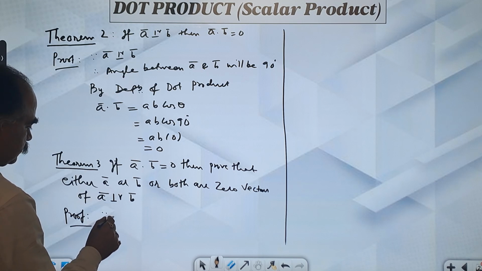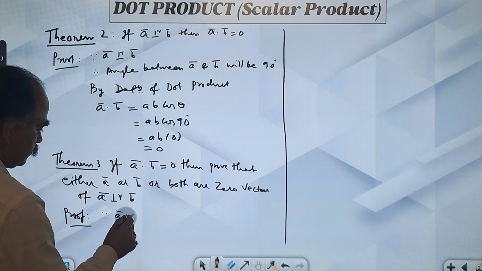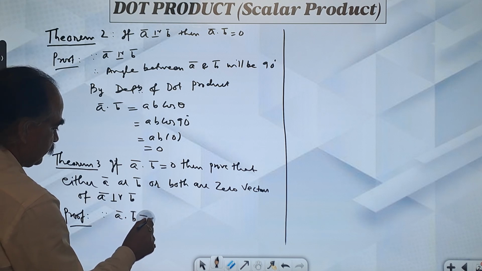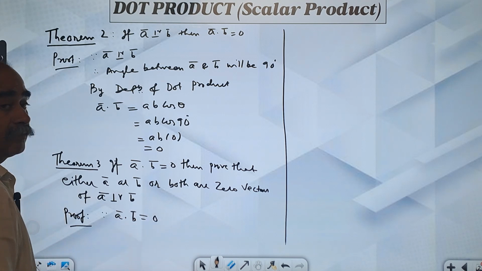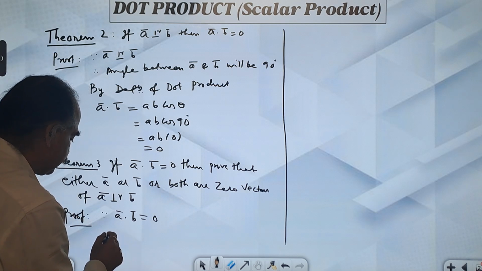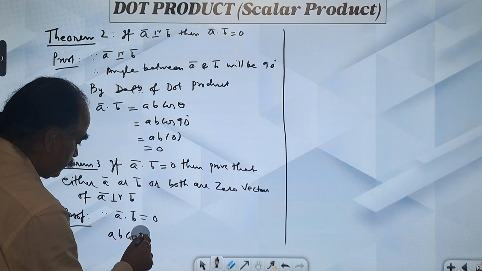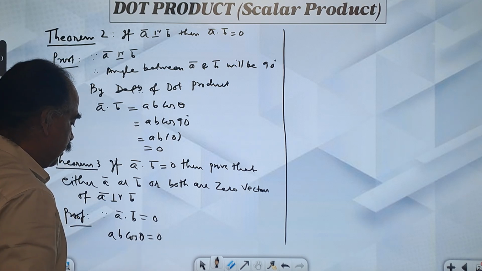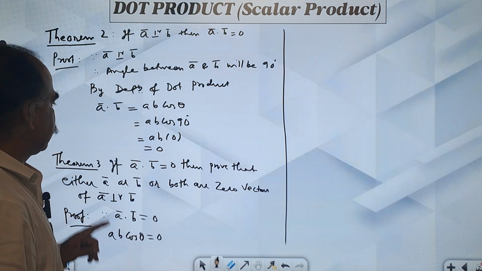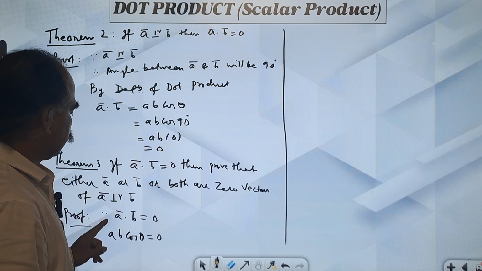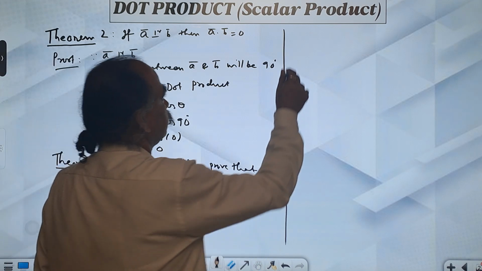Since A bar dot B bar is 0, but A bar dot B bar is what? AB cos theta. Now product of three numbers is 0. So either A is 0 or B is 0 or both A and B are 0.